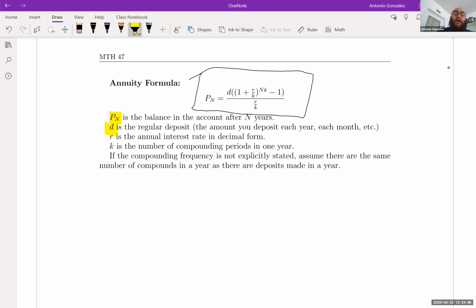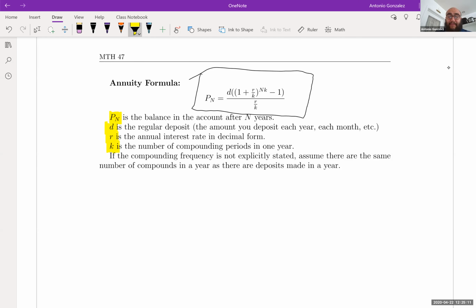R is the annual interest rate in decimal form as always, and K is the number of compounding periods in 1 year. The only difference is that there's no P0. There is a D that is recurring over and over again.